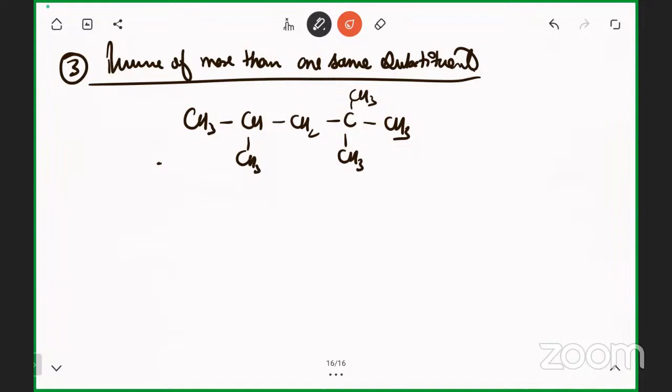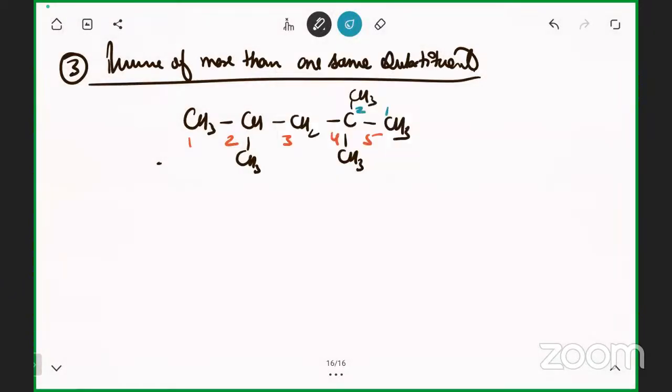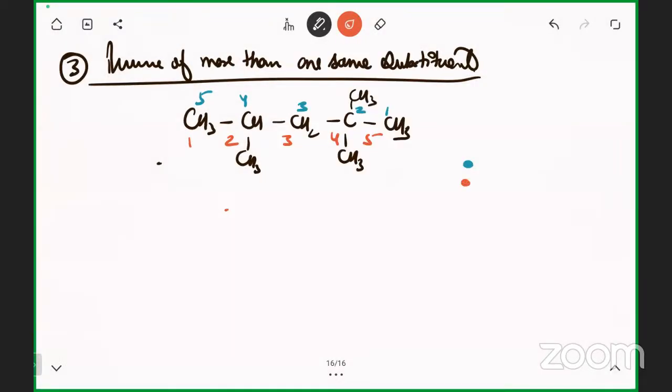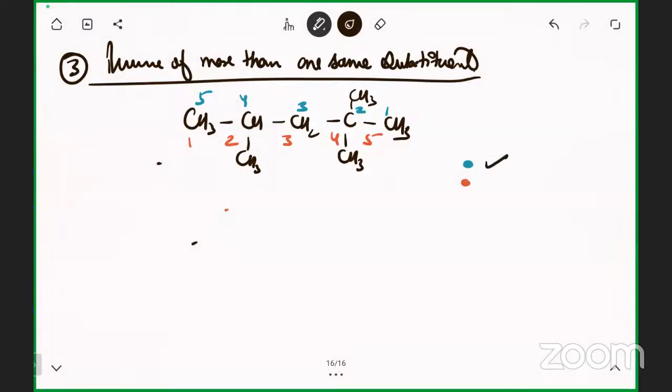For example, I'm doing two types of numbering, 1, 2, 3, 4, 5. There's one possibility. Another possibility is 1, 2, 3, 4, 5. If I go for both compounds, the blue one is correct and the red one is considered wrong. Why?